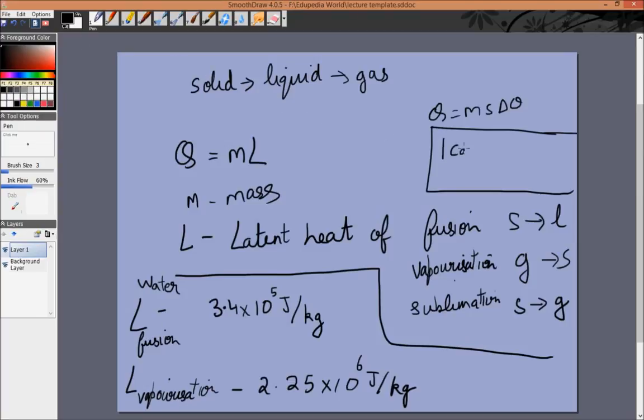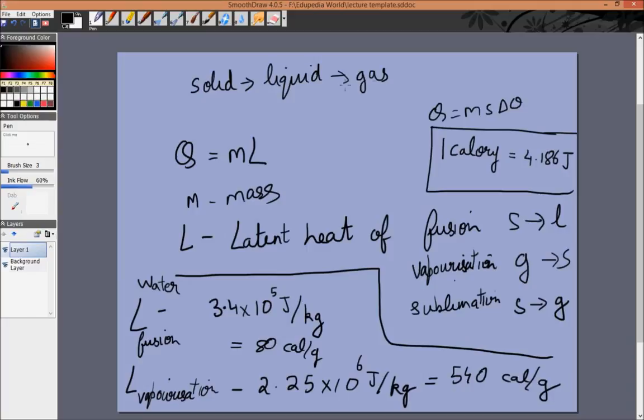And 1 calorie equals 4.186 joule. Right. So in terms of calories, this becomes 80 calories per gram, and this becomes 540 calories per gram. So you know the latent heat of fusion and latent heat of vaporization.